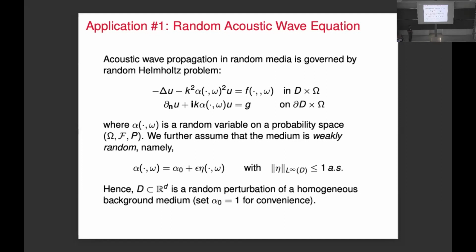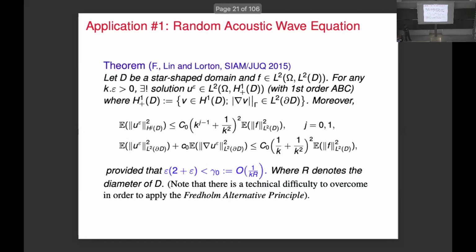For this problem, the wave community likes to have the so-called wave number explicit stability estimate. Using our older technique, the so-called Rellich identity idea, we did it for the deterministic case, and it also works for the random case.